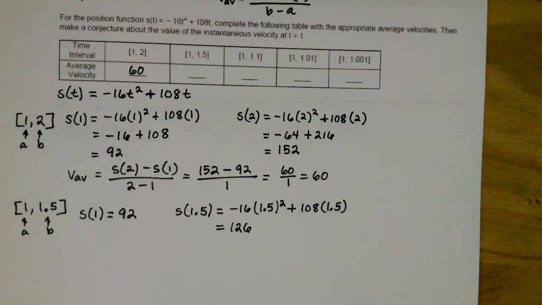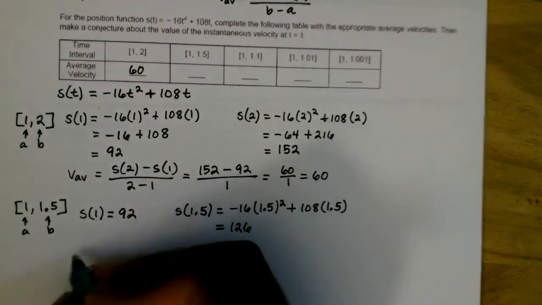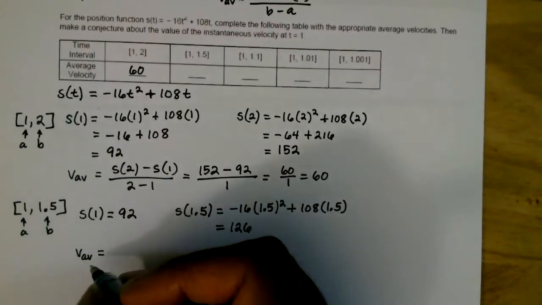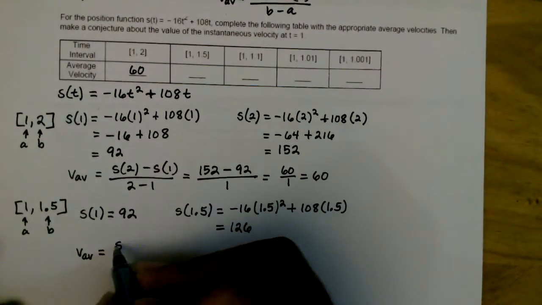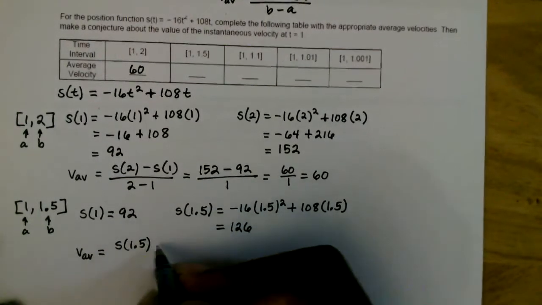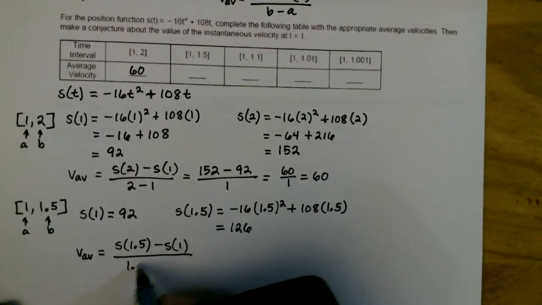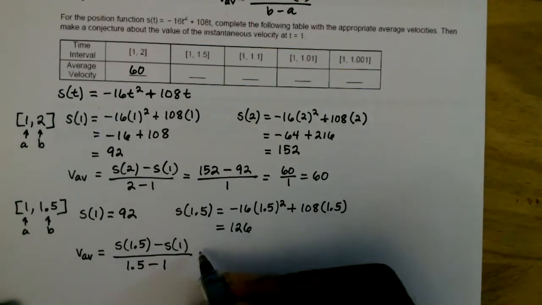And now we need to find the average velocity. So your average velocity in this case will be S of 1.5 minus S of 1 divided by 1.5 minus 1.